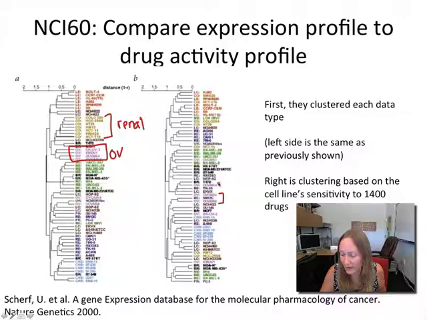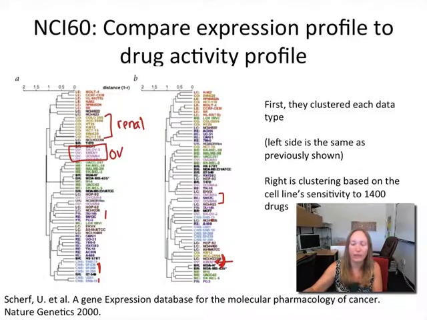Whereas the other ovarian, here's another ovarian cell line down here, doesn't have that same sort of response, is looking more like these neighboring cell lines and not necessarily the tissue of origin. So on the left, the tissue of origin, the colors are pretty much staying together in clusters, and on the right, you're seeing a mismatch of colors a little bit more. So things are clustering in different ways.